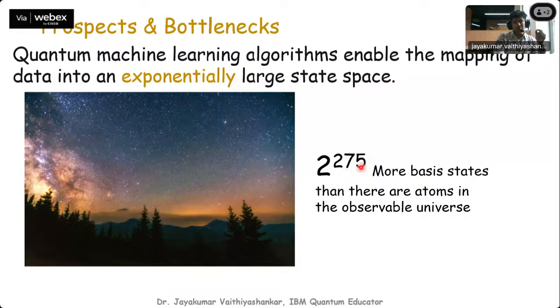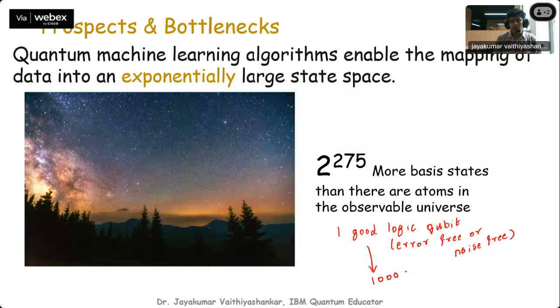Today we have achieved almost 1000 qubits, even though those qubits are noisy. There is a basic calculation: if you want to achieve one good logical qubit, say error free or noise free, you need to have 1000 physical qubits.